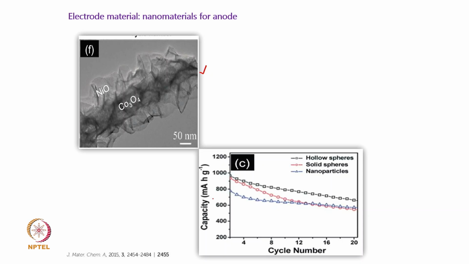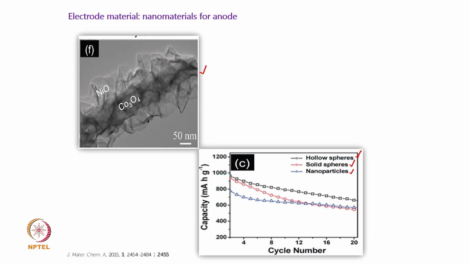You can see again capacity plotted versus cycle number. This is for hollow sphere, the red one is for solid sphere, and the other one is for the nanoparticle. Definitely you have higher capacity for hollow sphere as well as for solid sphere as compared to nanoparticle.